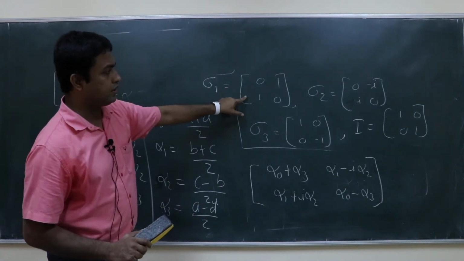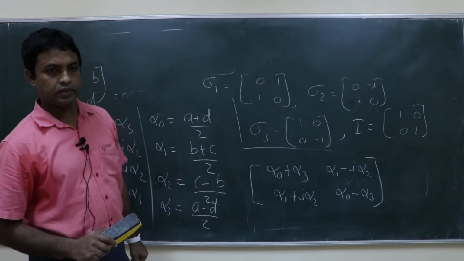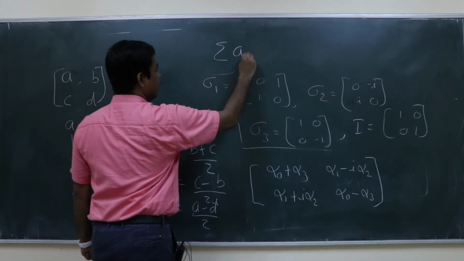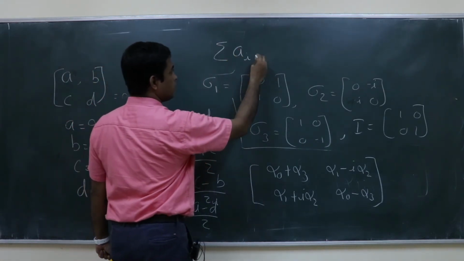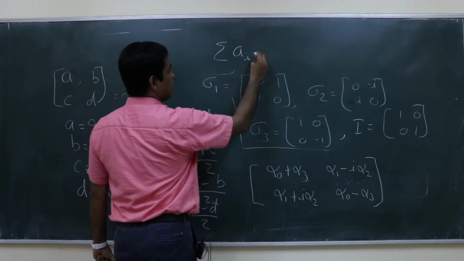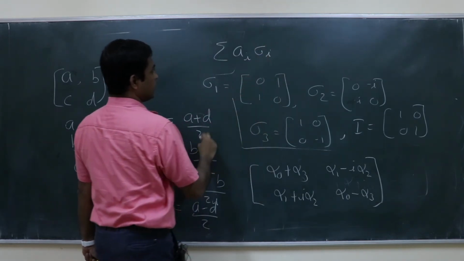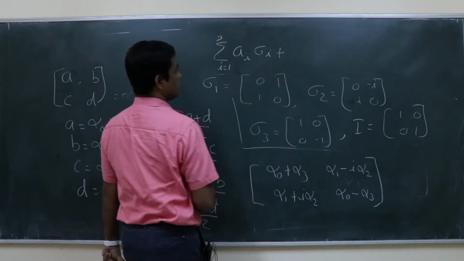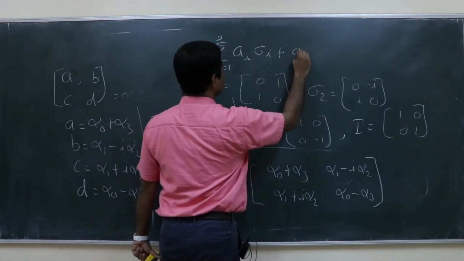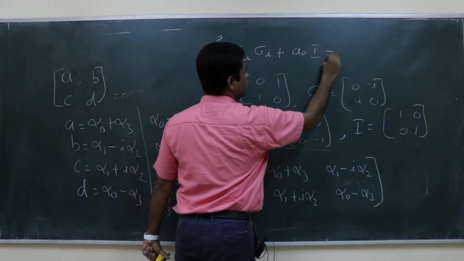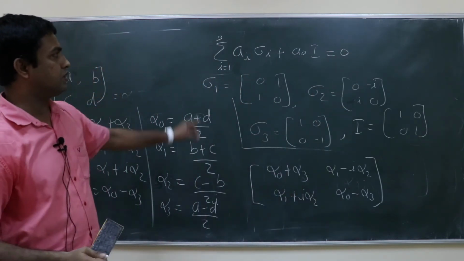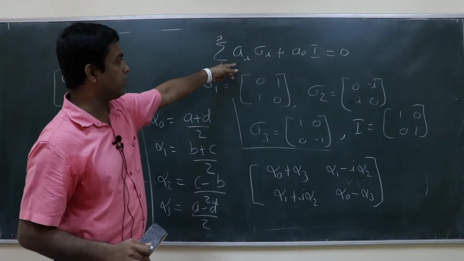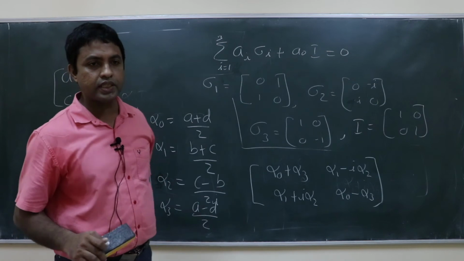Is it possible to write it in terms of the other three matrices? If I write the summation of A_i sigma_i, for i equal to 1 to 3, plus A0 times the identity equal to 0, can I find non-zero A0, A1, A2 or A3 such that this equation is satisfied?